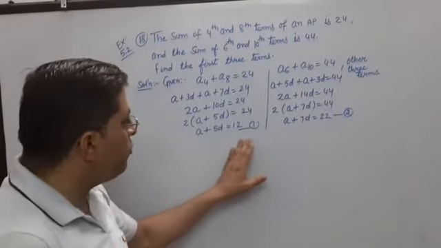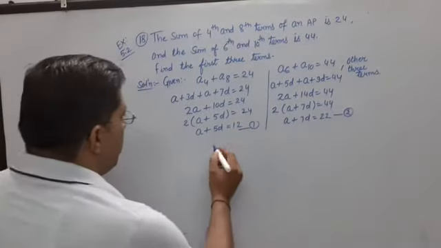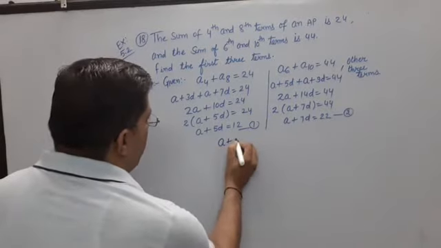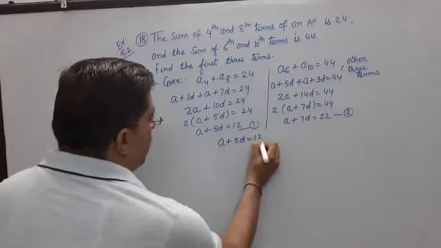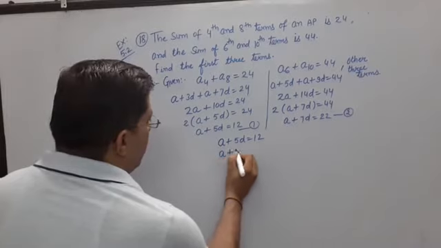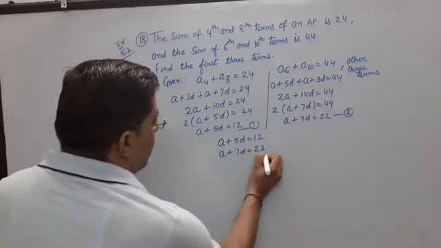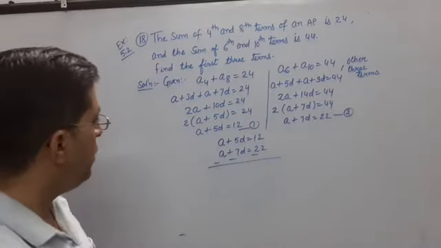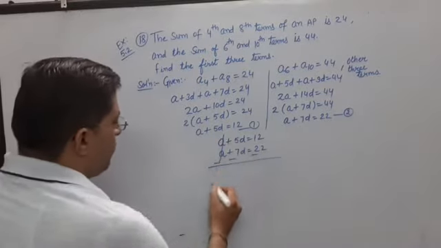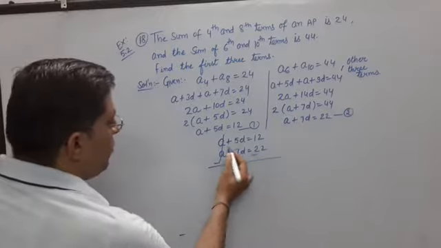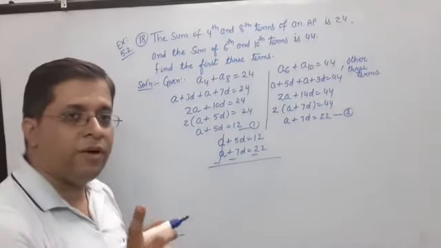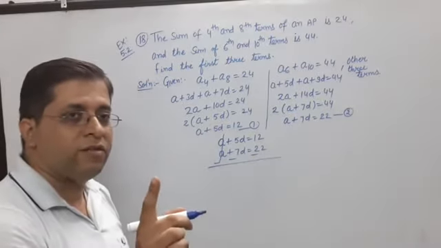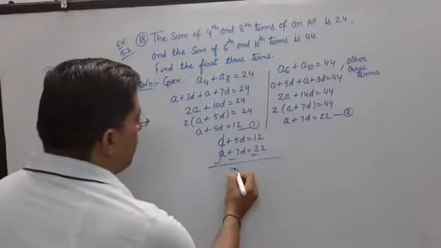Now by equation 1 and 2, by elimination method, A plus 5D is equal to 12, A plus 7D is equal to 22. I am changing the sign. A and A cut, this is minus 7D plus 5D. 7 is greater, so the minus sign will come.